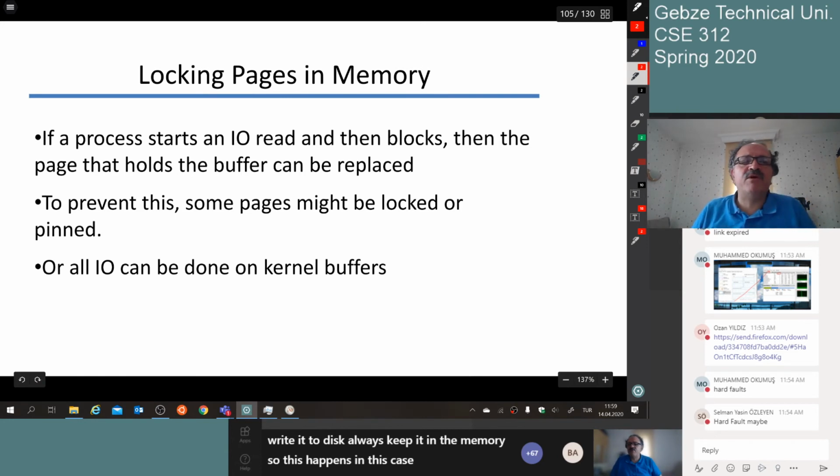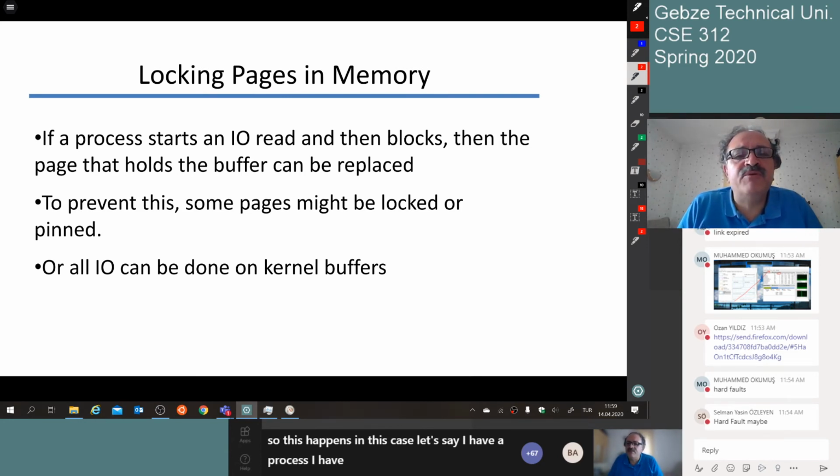Let's say I have a process, I have started an input-output request with the operating system. After that, I just blocked because getting the data from the disk will take time. Since I am blocked, I am not using my pages, right? Those pages will get old, will get aged.